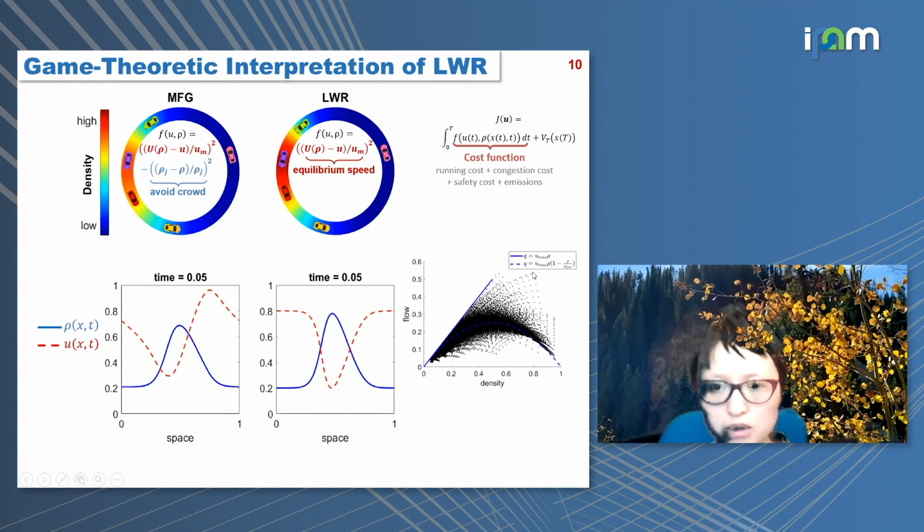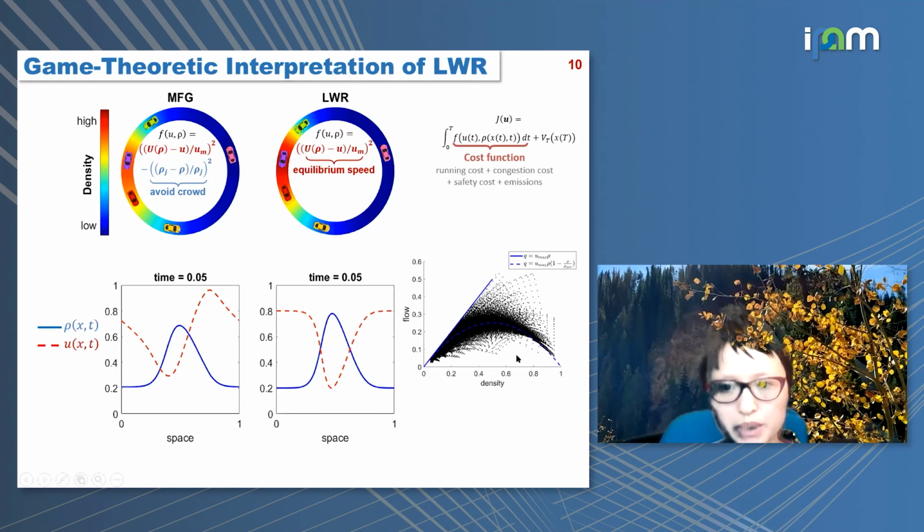If the traffic state starts from, say, outside here, it will eventually converge to the blue dotted line, which is the Greenshields. So that shows there exists a more complex mapping between rho and U if we solve the mean field game. It's hard to use one clean fundamental diagram to describe the mapping between rho and U at the current time and location.